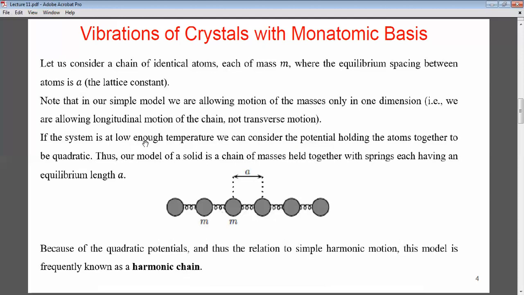If the system is at low enough temperature, we can consider the potential holding the atoms together to be quadratic. Here, I just want you to remember Hooke's law, in its very simplified form.